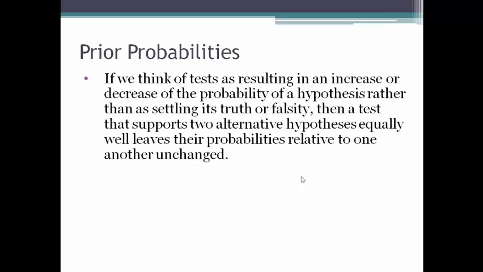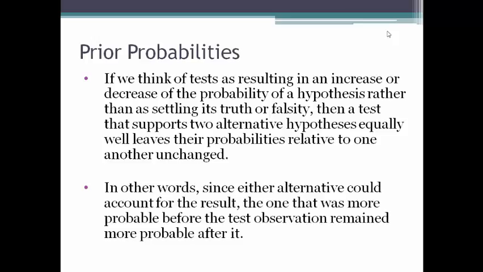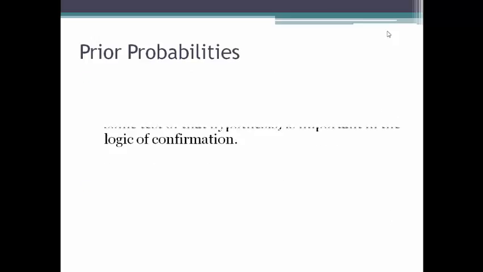If we think of tests as resulting in an increase or decrease of the probability of a hypothesis, rather than as settling its truth or falsity, and I would advise thinking this way, by the way, then a test that supports two alternative hypotheses equally well leaves their probabilities relative to one another unchanged. In other words, since either alternative could account for the result, the one that was more probable before the test observation remains more probable after it.